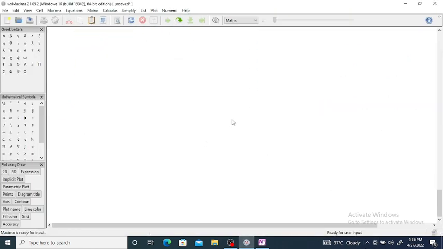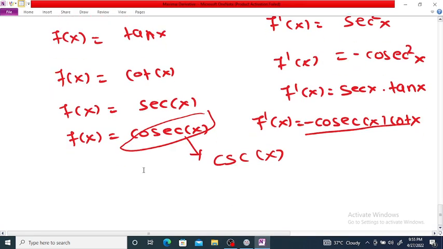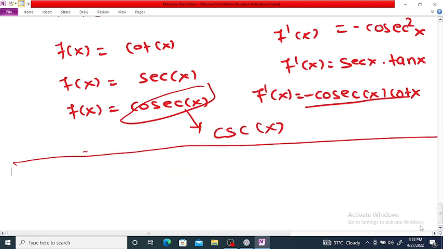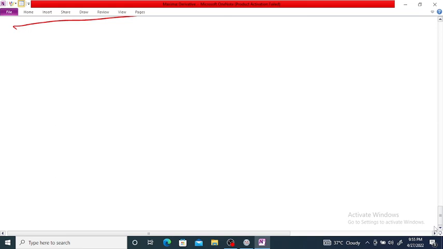Now next, you can also find the derivative of an inverse trigonometric function or a hyperbolic function. First we are going to find it for inverse trigonometric functions.